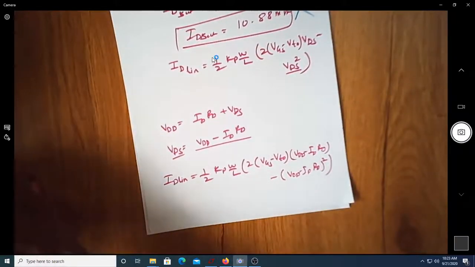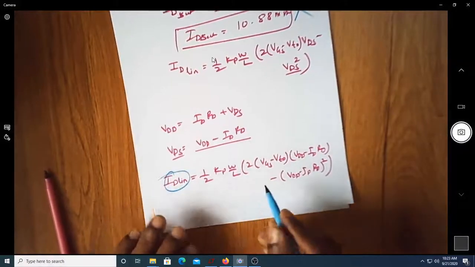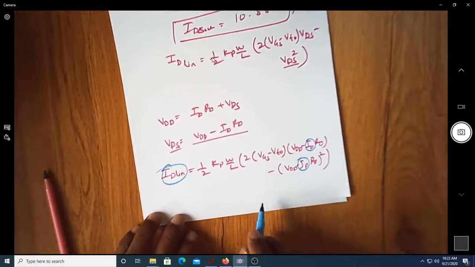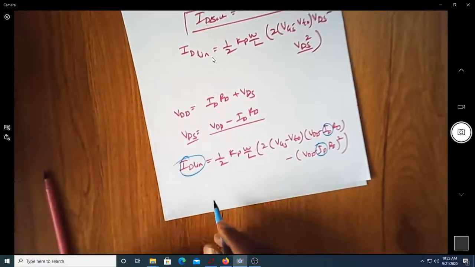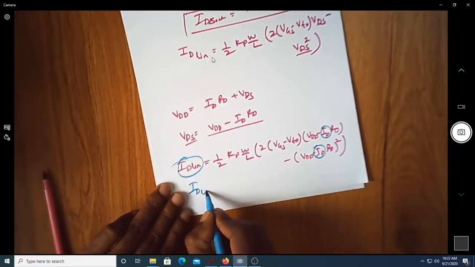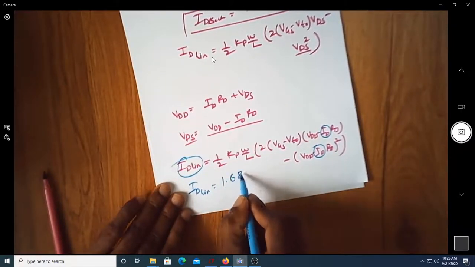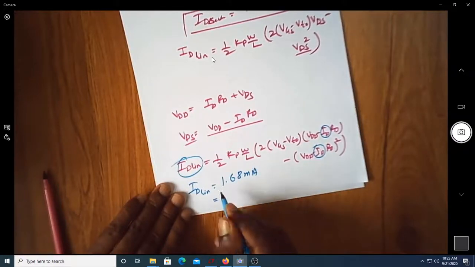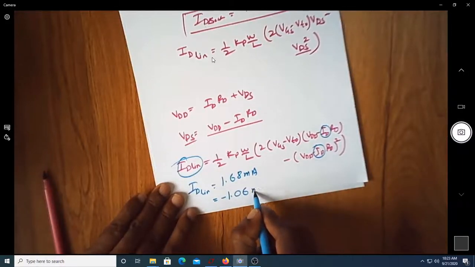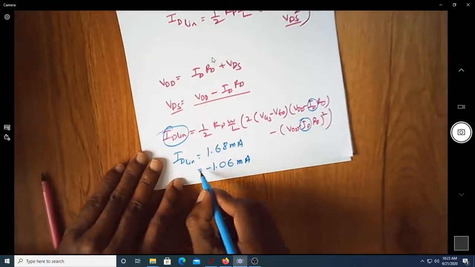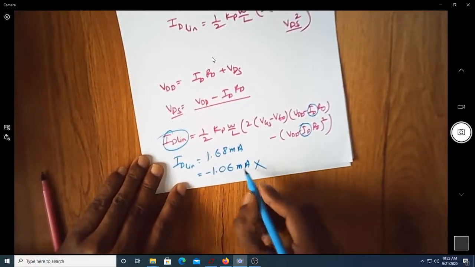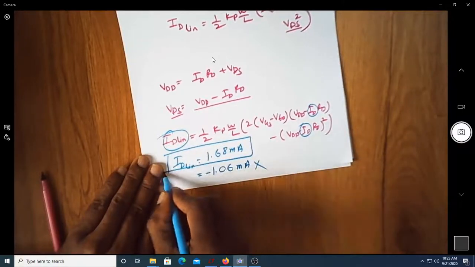In this, the only unknown parameter is ID. All other parameters we know. Upon solving this, we will get two values of ID in linear region: 1.68 milliampere, and the other value, which I'm writing as I got it using the calculator. Since one is a negative value, a negative value cannot be possible.